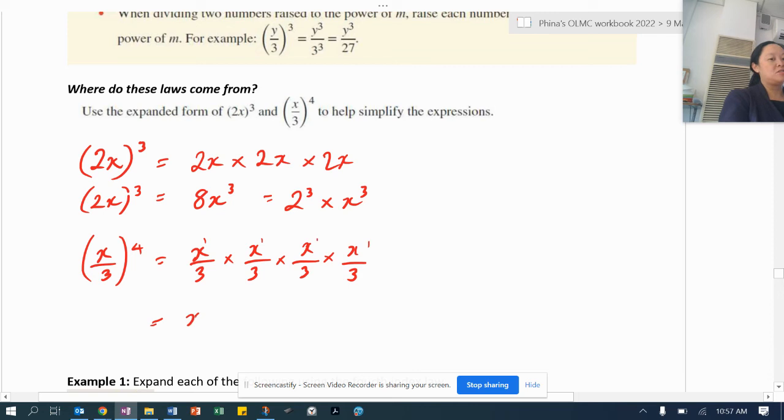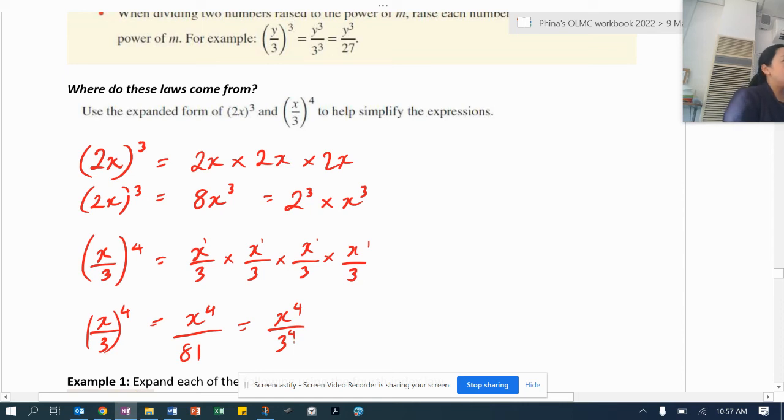So there's x to the power of 4 over 3 times 3 times 3 times 3, which is 81. That's also the same as me saying x to the power of 4 over 3 to the power of 4.